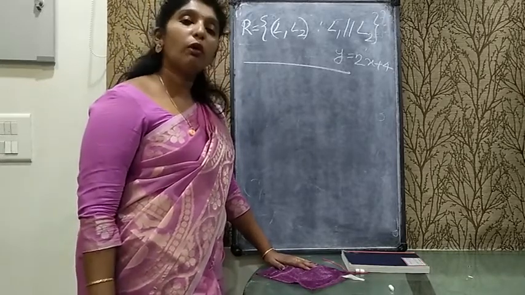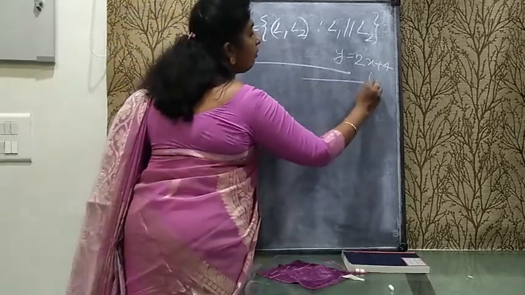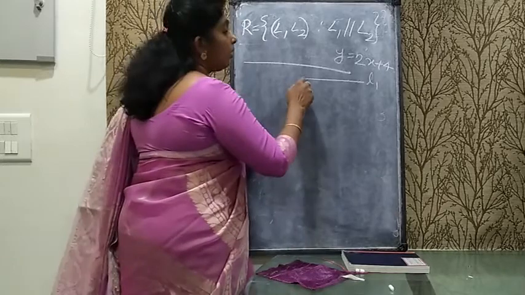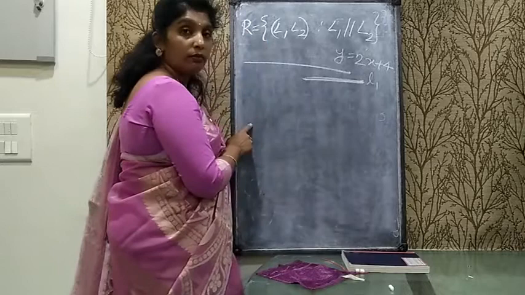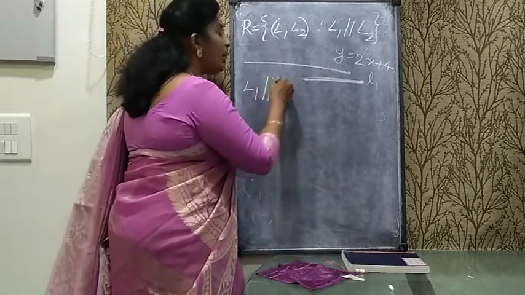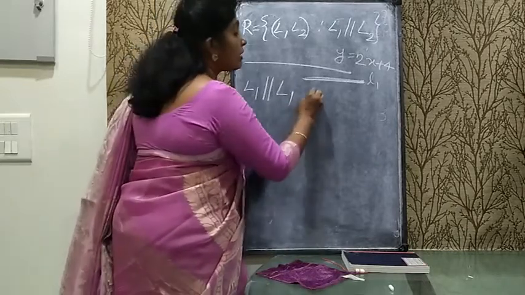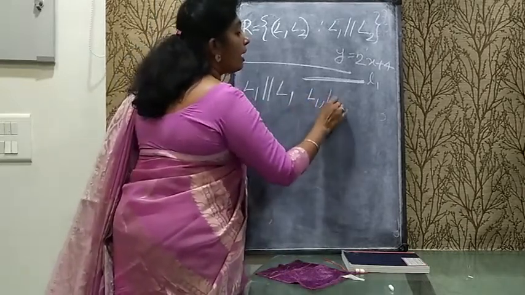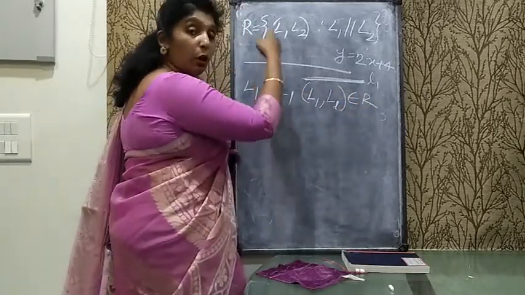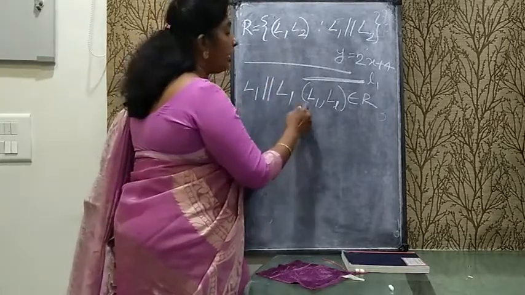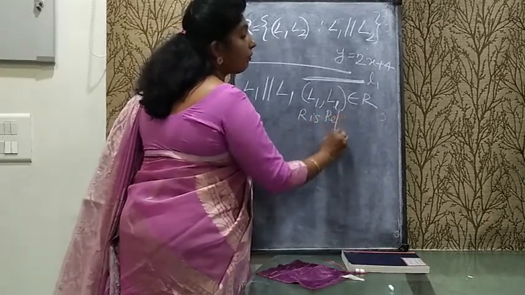So first of all, we will go for reflexive. If this is the L1 line, then definitely L1 will be parallel to L1. The line will be parallel to itself. No doubt is there. It means we can write that (L1, L1) belongs to the relation where L1 belongs to our set. Therefore, the given relation is reflexive.